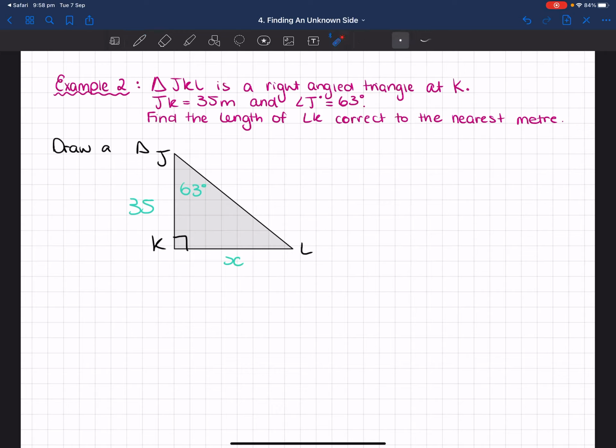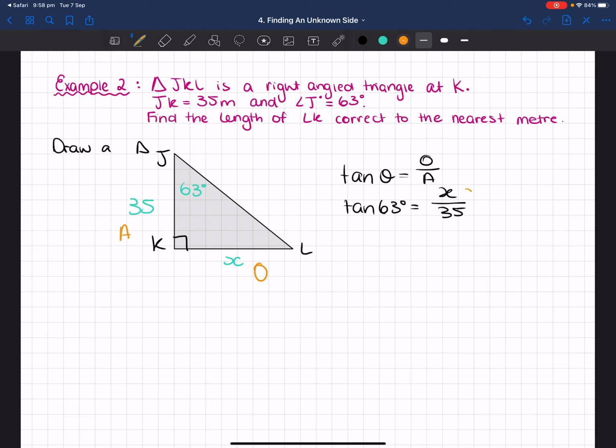So using our trig, this time we've got the opposite again. So we've got the opposite and the adjacent. So again, we're going to use tan. Remember, tan of theta is equal to the opposite over the adjacent. This time we've got theta to be 63 degrees, which is X over 35.